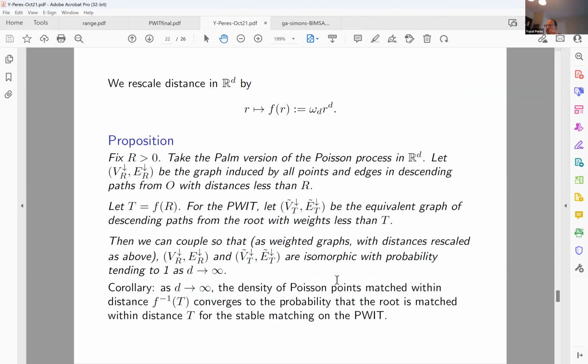Okay, so that's why this tree structure really works, and this is a formal statement saying that because of this observation, we can solve problems on local geometry in Euclidean space by coupling it to the same problem on this PWIT. So as long as we remember to rescale, so that distances on the PWIT correspond to volumes in Euclidean space, then we can really solve the limiting problem as d grows by solving it on the PWIT.